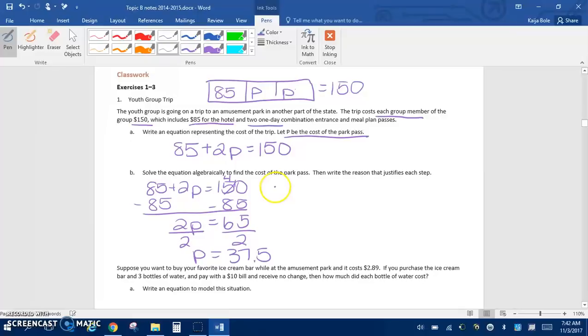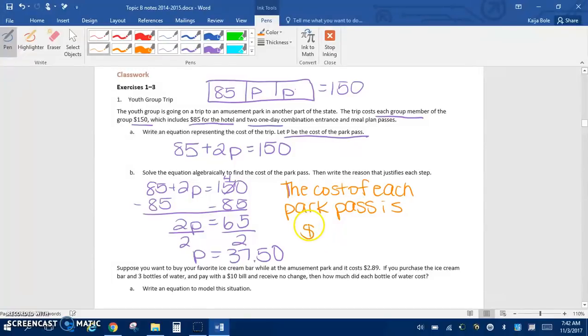Alright, but we know that this is money, so we're going to have to add another 0 at the end, so we can say that the cost of each park pass is $37.50.